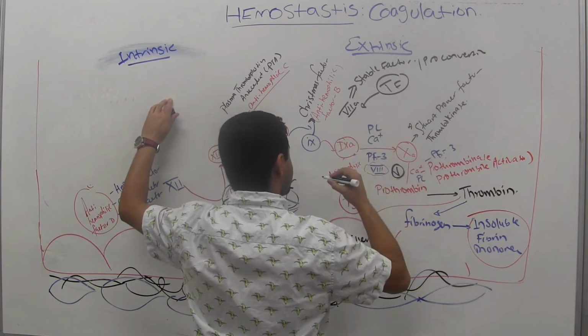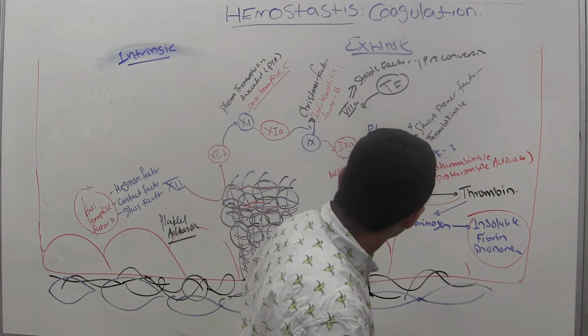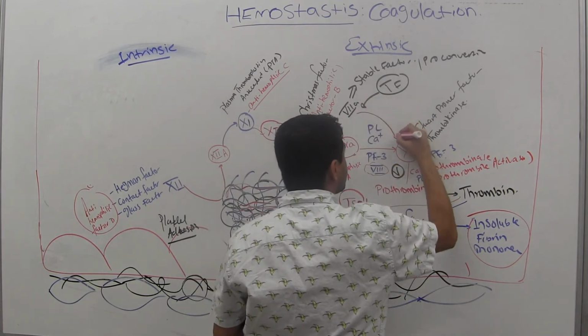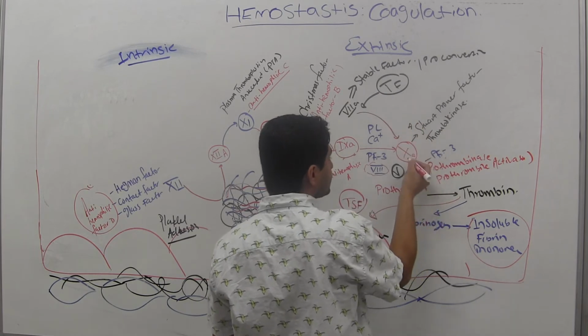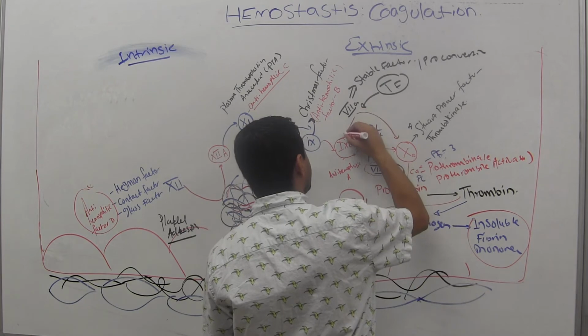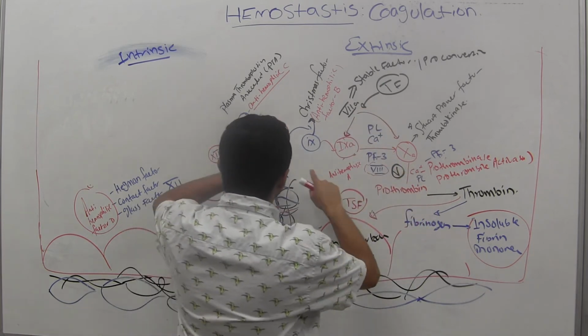In the presence of calcium, guys, it can go two ways. One, it can start from factor 10 and activate it, and in order to do that you also need prothrombinase. Or it can use the pathway from factor 9, from the intrinsic pathway.